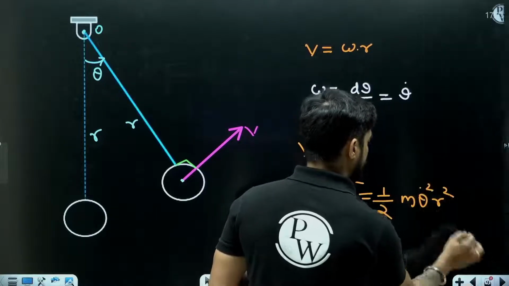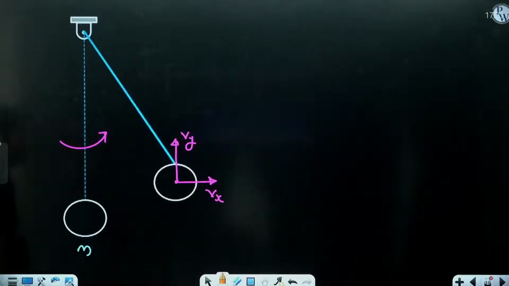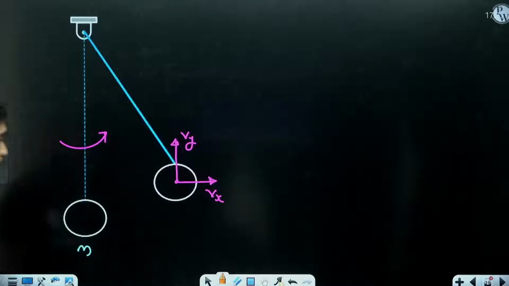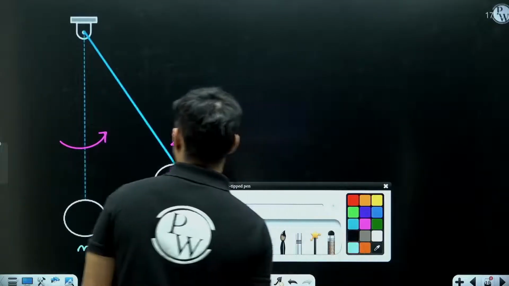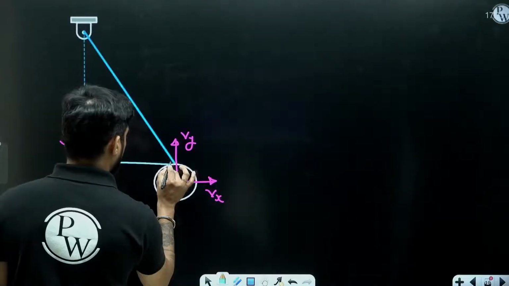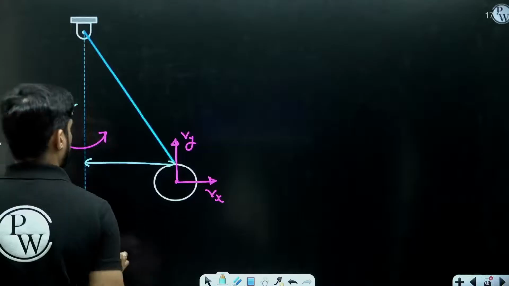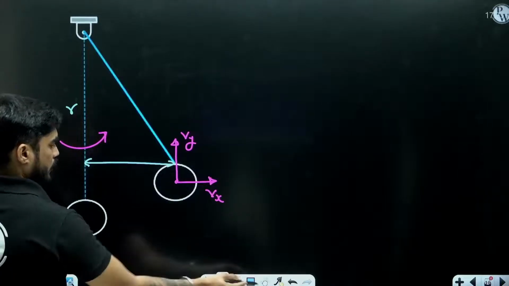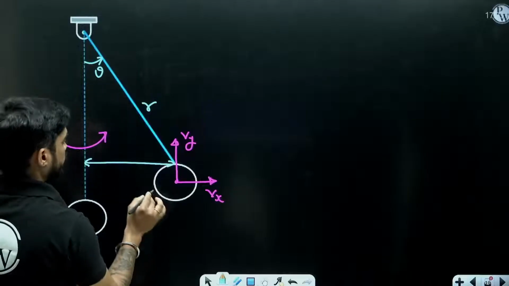But in this case, when we are considering the velocity in X and Y, then what will happen? What is the displacement in x? This is r, this is angle theta.